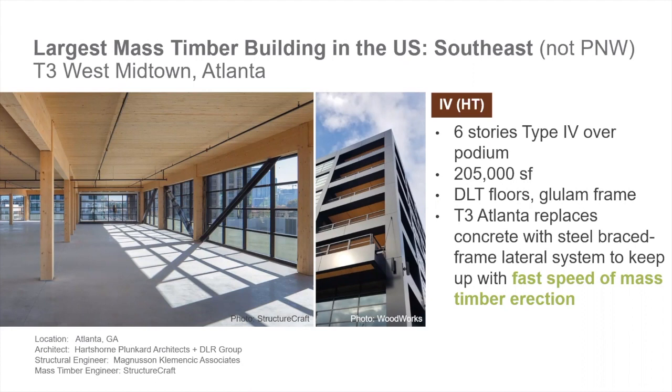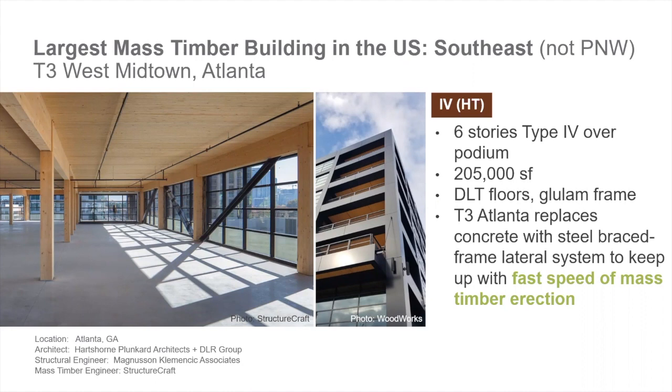In the T3 building in Minneapolis, they used a concrete core. And what they found is that the concrete core really slowed down the construction process. So by switching to the steel brace frame, that really allowed the team to keep up with the fast-paced schedule of the mass timber structure. So really just a great change that they made here.